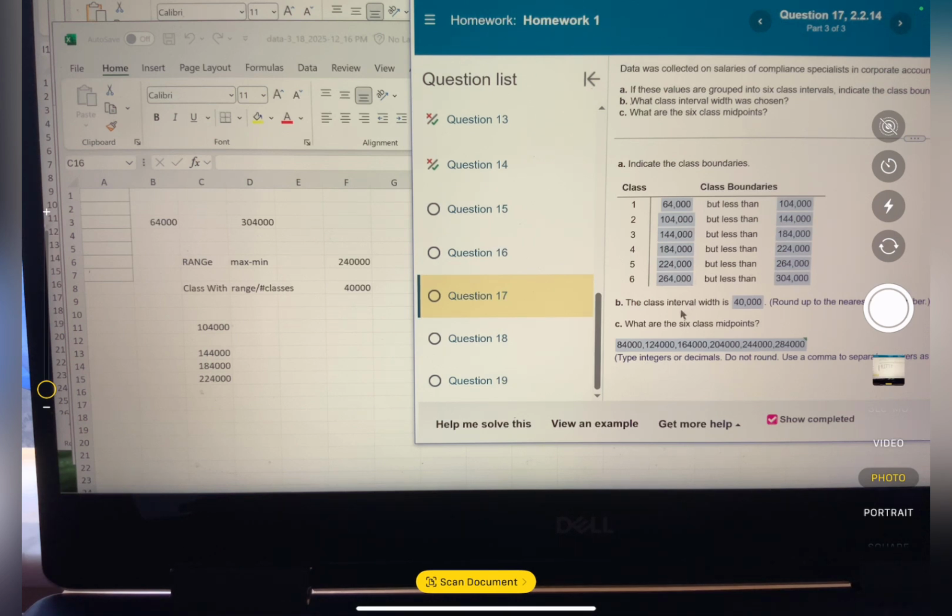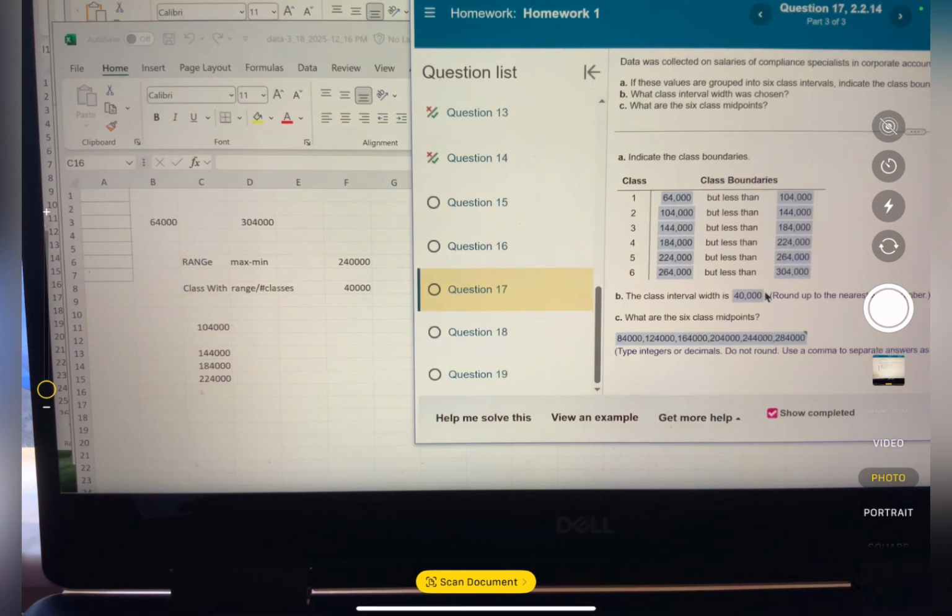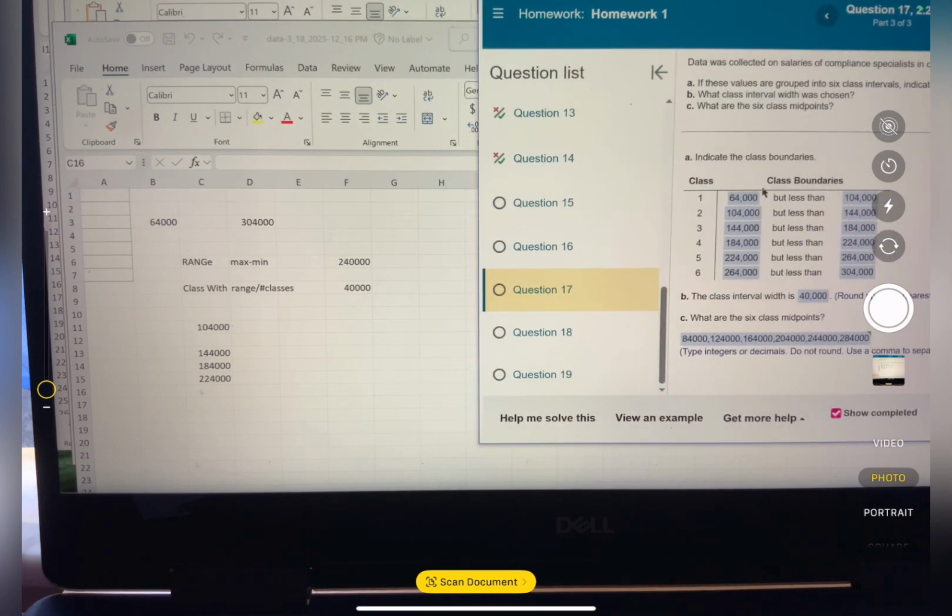So the class interval, the class width, is 40,000. Here is the answer. And what is the class midpoint? How are we going to find the midpoint? You have to add these two boundaries, 64,000 plus 104,000, and divide by 2. Let's see.